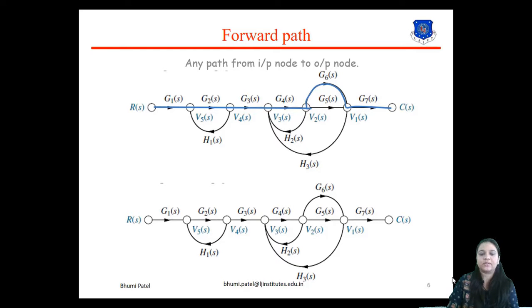In the next diagram, the second forward path is G1, G2, G3, G4, G5 and G7. So what is the forward path? It is a path from input node to the output node that does not cross any node more than once.